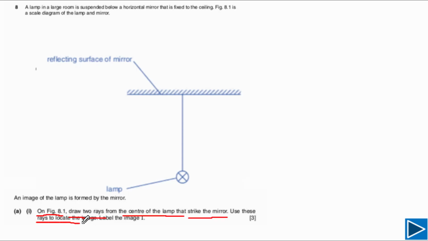Use these rays to locate the image and label the image using letter I. So first of all, we need to draw incident rays from the center of this lamp. So let's say this is our first incident ray. Now we need to draw the second one. The second one we will also take from the center of the lamp. Let's say this is our second incident ray. We have the first one and we have the second one.